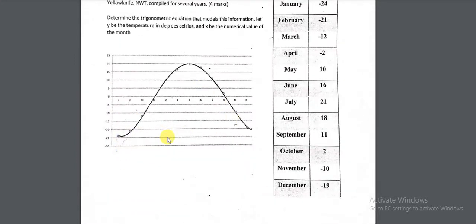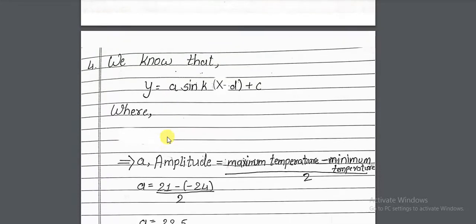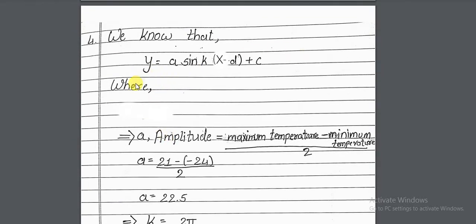This is our graph. The solution is: we know the trigonometric equation is y = a sin(k(x - d)) + c, where a is the amplitude, equal to (maximum temperature - minimum temperature) divided by 2.